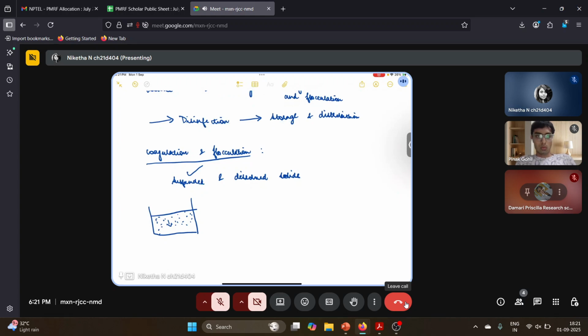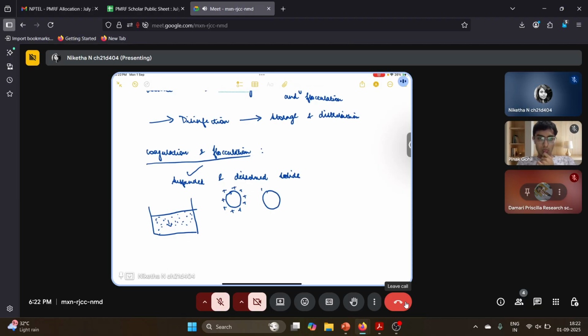These suspended solids are suspended because of their surface charge. When we go for coagulation and flocculation, we remove the surface charge and make them neutral. Imagine you have a positively charged particle, and all the particles are positively charged.